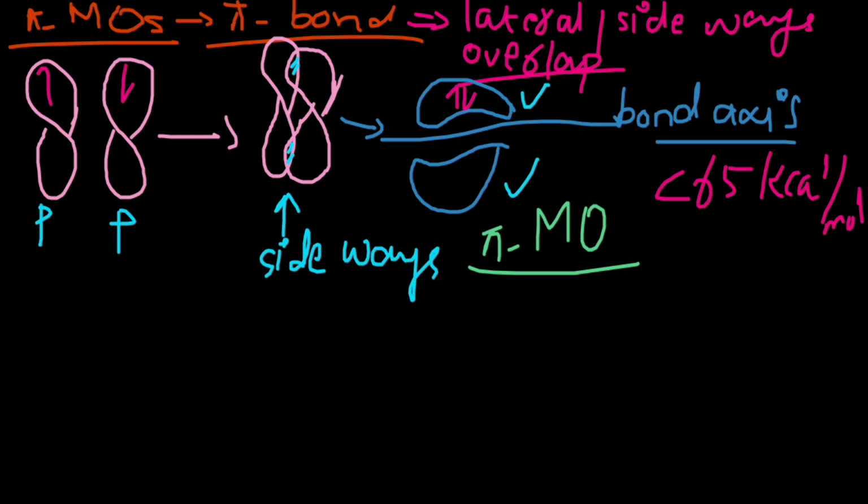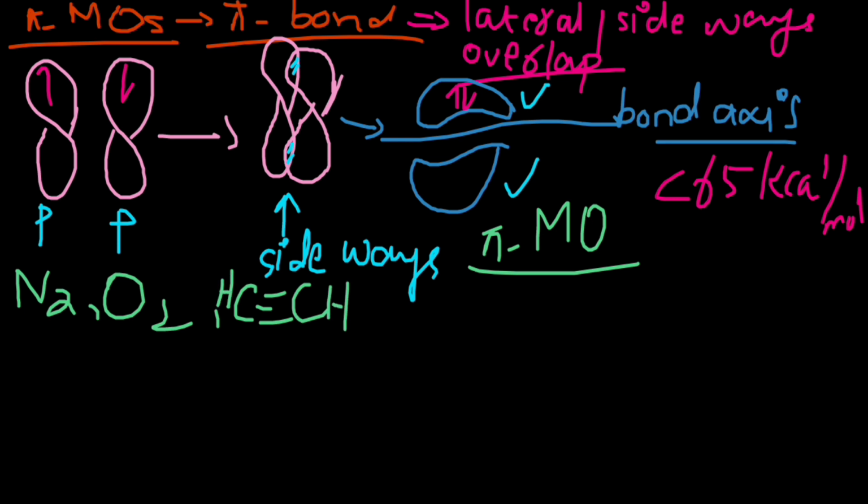This kind of bonding is seen in nitrogen, oxygen, alkynes, alkenes, etc. Let's discuss the bonding in oxygen.